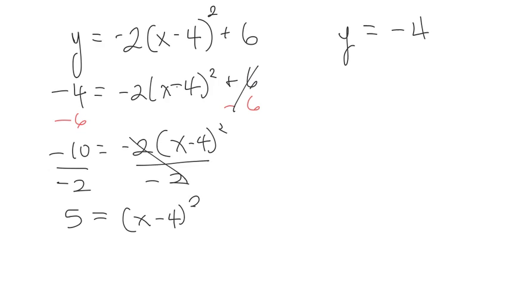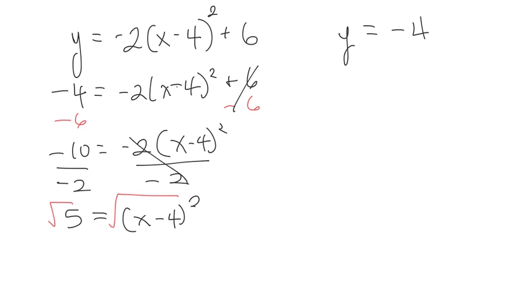Okay, so now here's the thing. I need to undo this squaring term here, and the opposite of squaring is square rooting. So clearly, I'm going to square root the right side. However, and this is what a lot of people forget, when I square root a number, if I use my calculator it will give me back a positive number.